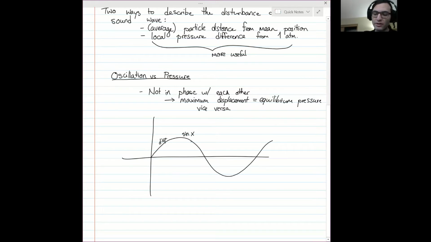So that would be something like this. So here we have sine of x. Here we would have pressure. And by the way, if you look carefully at that diagram, you could actually see this. But for now, just believe me.